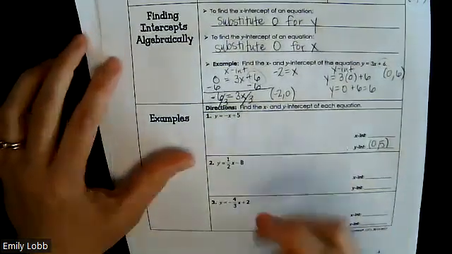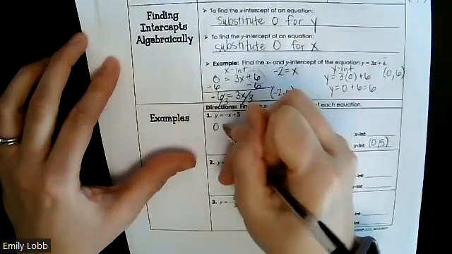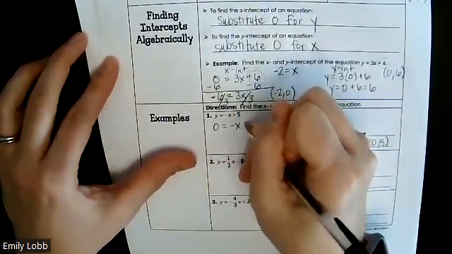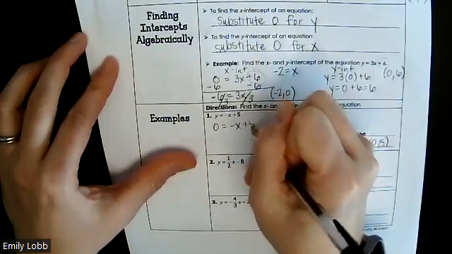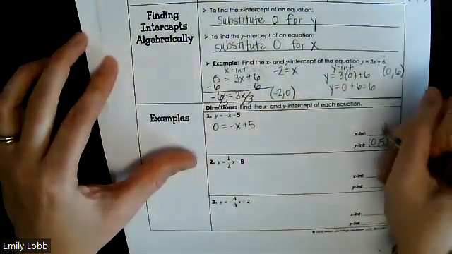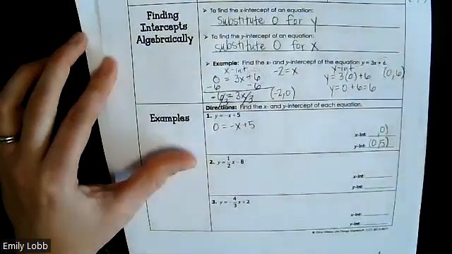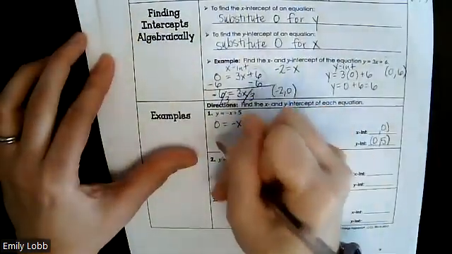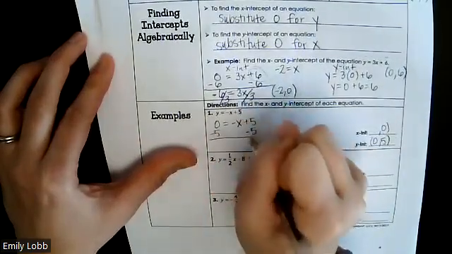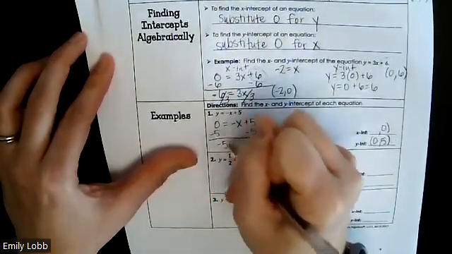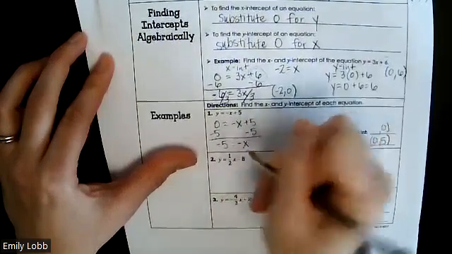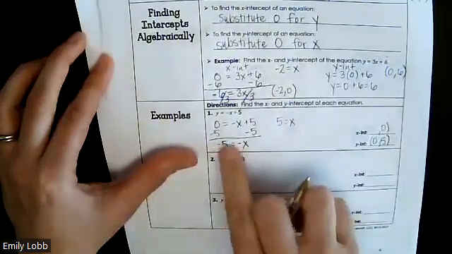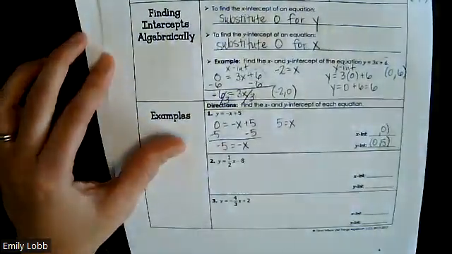And to find the x-intercept, we have to put a 0 in for y. So when y is 0, we've got to figure out what x is equal to. So we would subtract 5 from both sides. If -5 is equal to the opposite of x, 5 is equal to x, right? If we take the opposite of both sides.